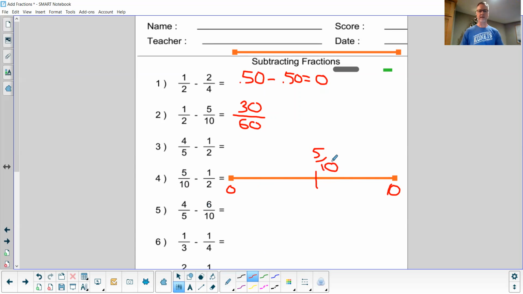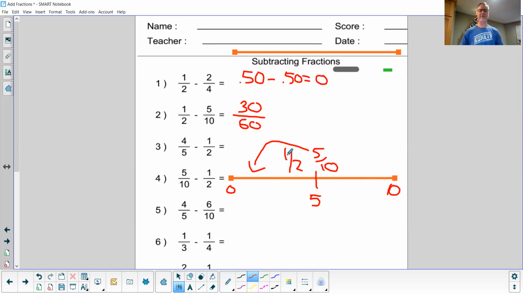And then I just realized that this is a pretty easy sheet for you folks, so you're welcome. And then we subtract, we go back, woo, big arch, 1/2. And if we were at 5/10 in the beginning, 10 divided by 10 is 1. 1 times 5 is 5. So half, again, of 10 is 5.